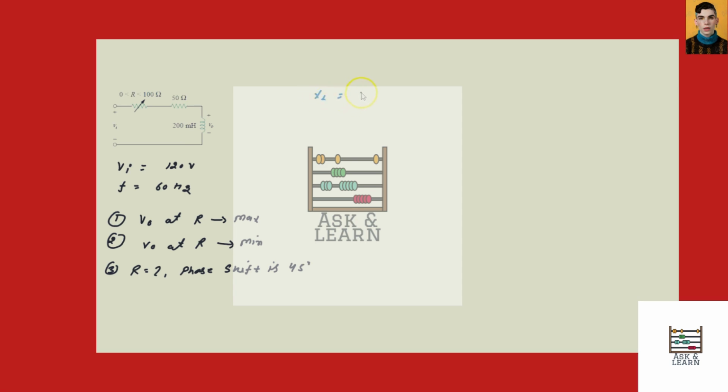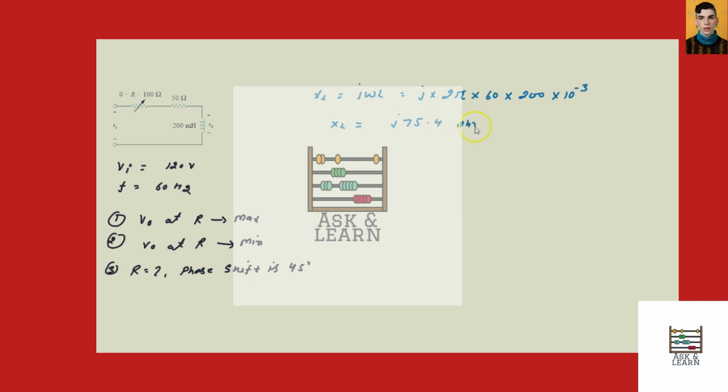XL equals j omega L, which is j into 2 pi f, where the frequency is 60 Hz, multiplied by the inductor value of 200 millihenry, that is 200 multiplied by 10 to the power minus 3.